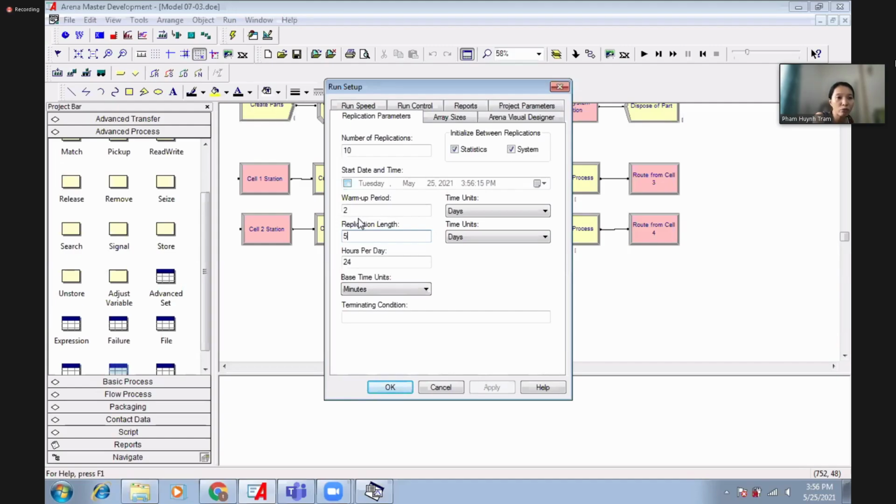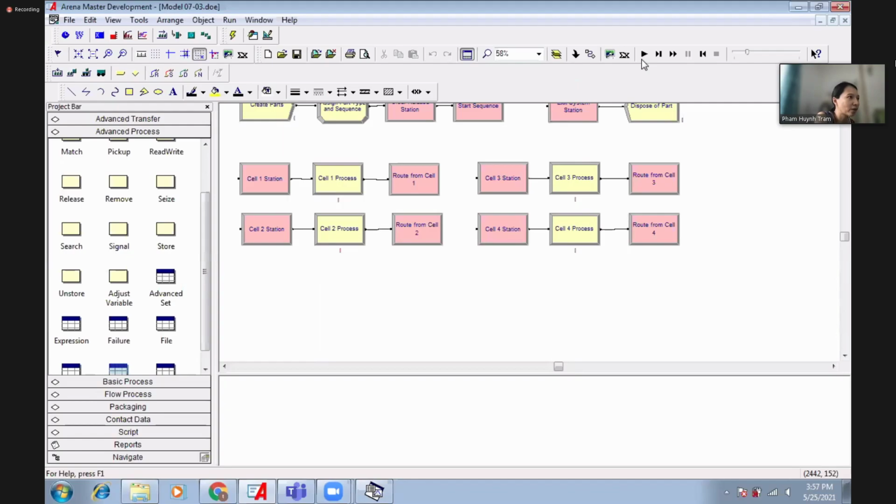So we only have 3 days for data collection: day 3, day 4, and day 5. And if we also request 10 replications here, right now we use the truncated replication method for analyzing this statistic simulation. Okay, so I will run this one and see the report.